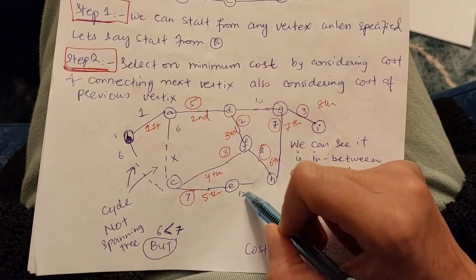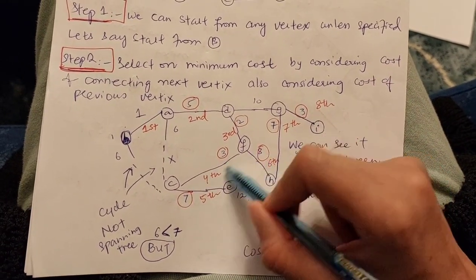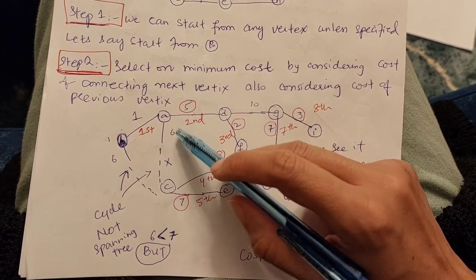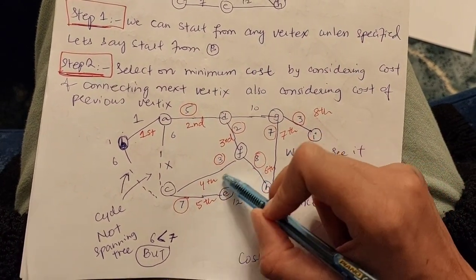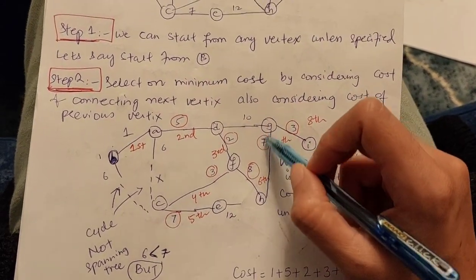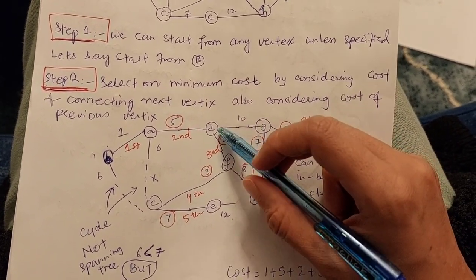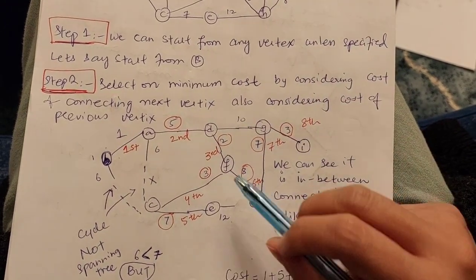Even if 12 was smaller than 7, I still would not connect it because I do not want any sort of cycle, so it will remain open, so that there is no complete closed loop. So I'm joining this. Now only one line is left unjoined. We will not join this line because we do not want to make a circle here.